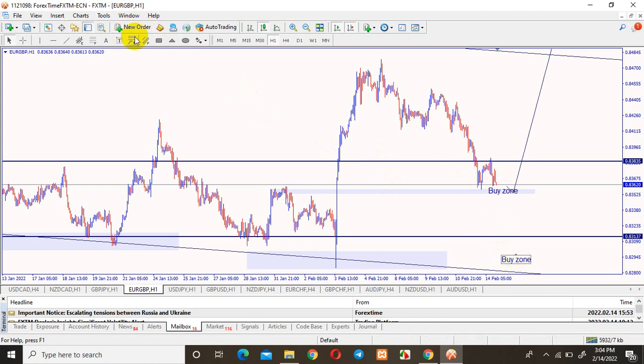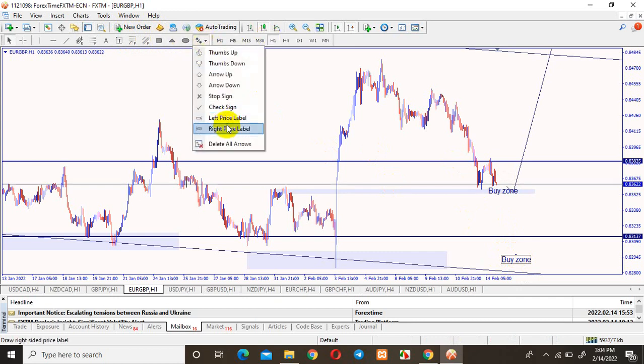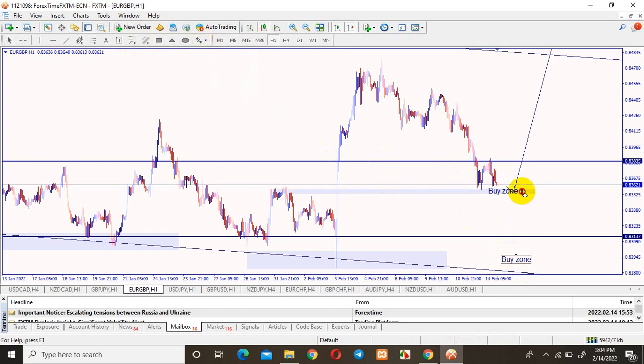So what are those price tags? Expect price around 0.8375 and expect another buy.